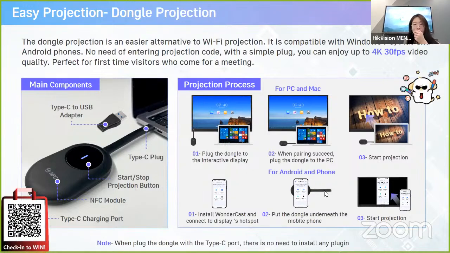But as we say, usually for the mobile phone, because we have data and Wi-Fi, we can connect mobile terminals like smartphones to the IFP directly, just by downloading the Wondercast. For the Wondercast, we have the iOS version, the Android, and versions for Mac laptop and Windows. We can download from the official website.